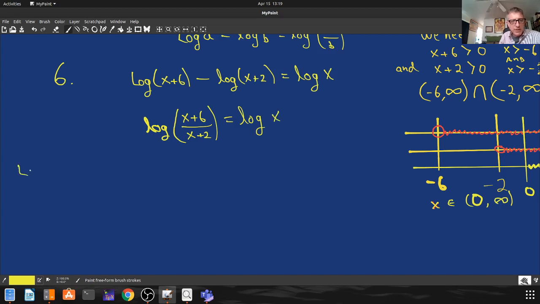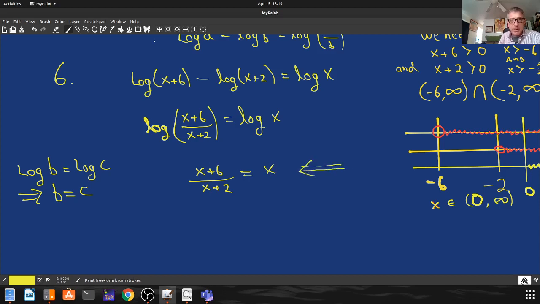So again, we use if log b is equal to log c, because these are one-to-one functions, that implies b is equal to c. So this implies x plus 6 divided by x plus 2 is equal to x. So this is the equation that we have to solve. And you're going to see it's going to be a quadratic, right?